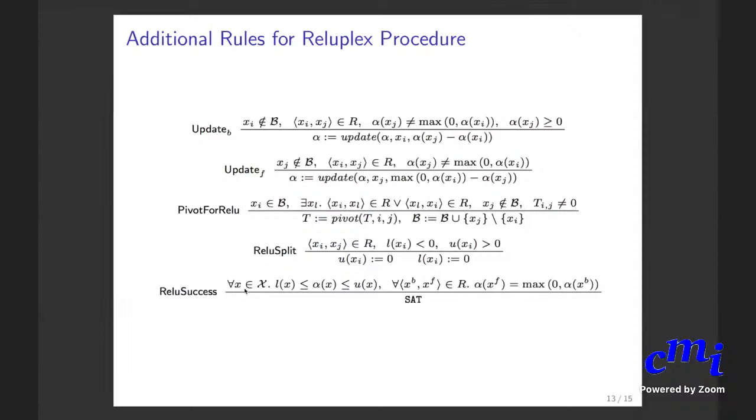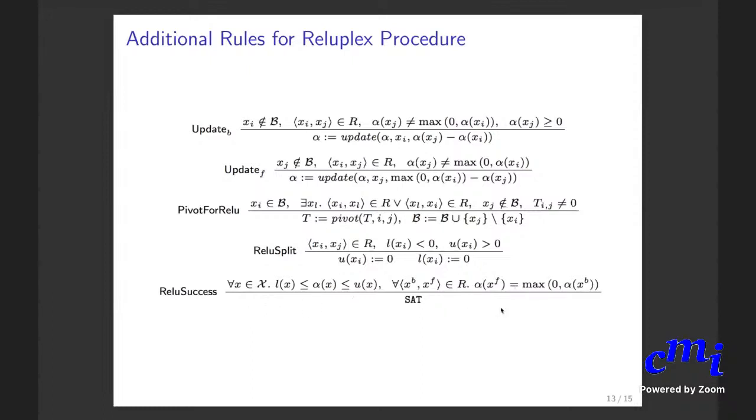Okay, and finally you add the ReLU success, because even after the LP solution that you get satisfies all its bounds, you have to check if all the ReLU pairs are okay.